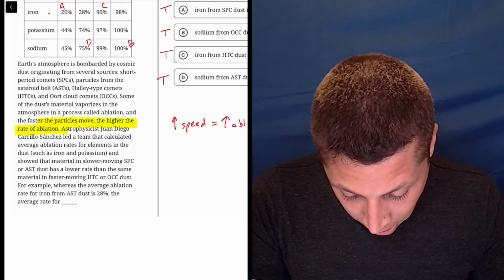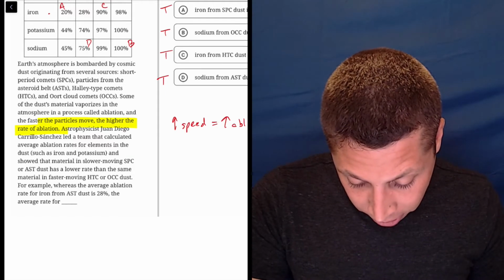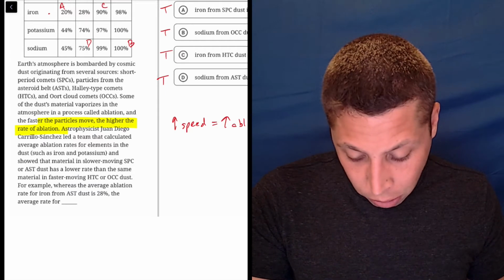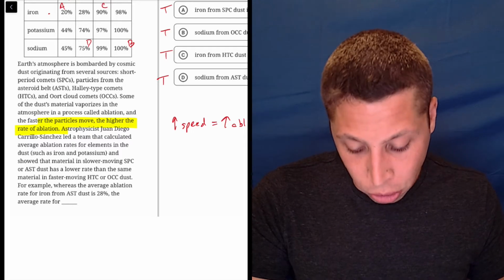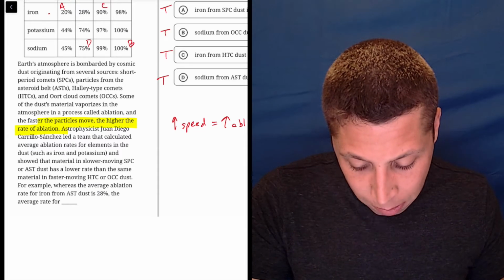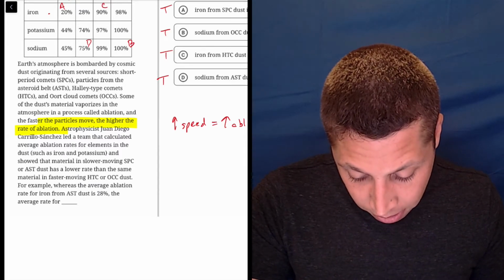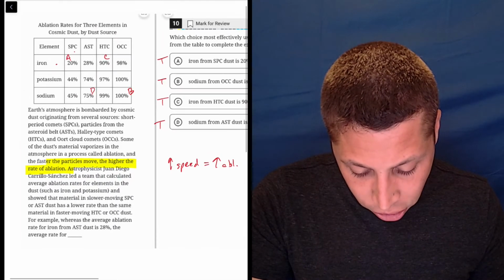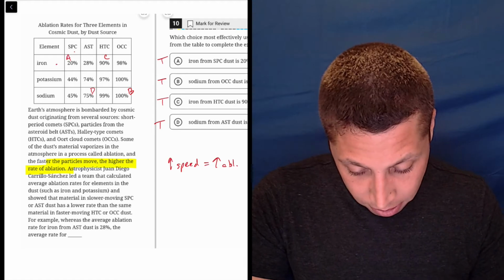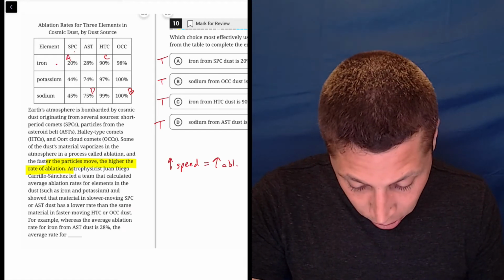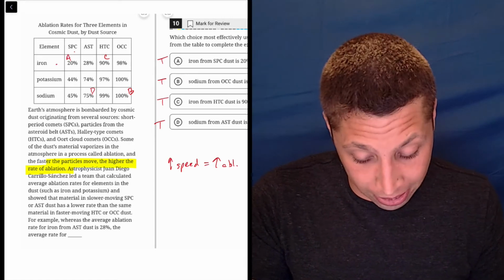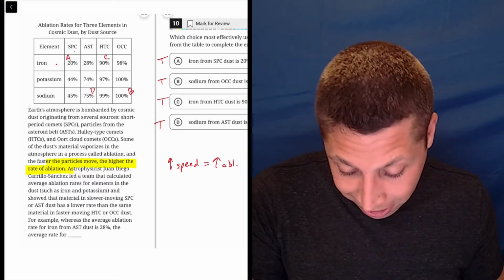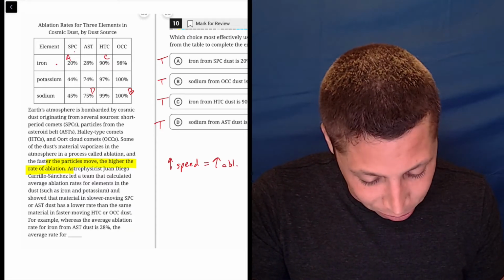Astrophysicist Juan Diego Carrillo Sanchez led a team that calculated average ablation rates for elements in the dust, such as iron and potassium, and showed that material in slower moving SPC or AST dust has a lower rate than the same material in faster moving HTC or OCC dust. Okay, so there's two things going on, right? So this might be something I write on my scrap paper because I can't write on the screen when I'm doing this for the actual SAT.